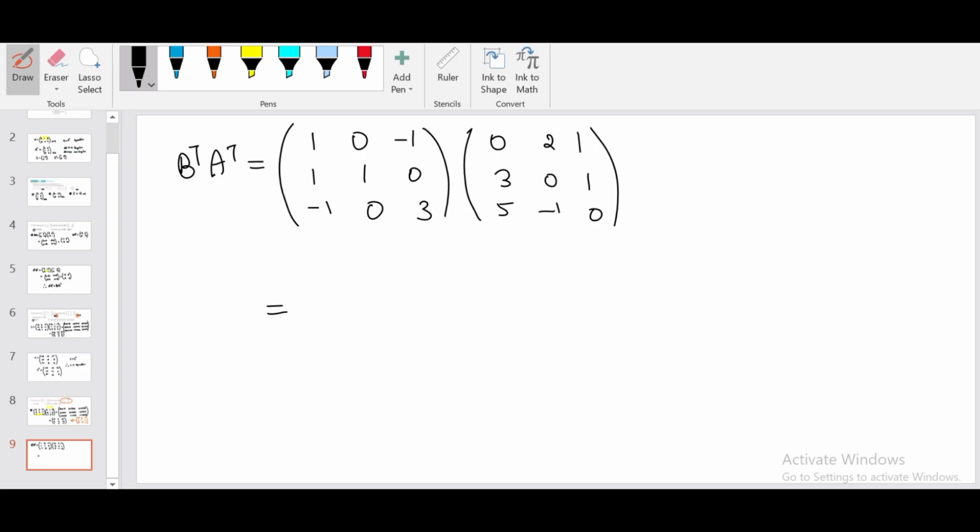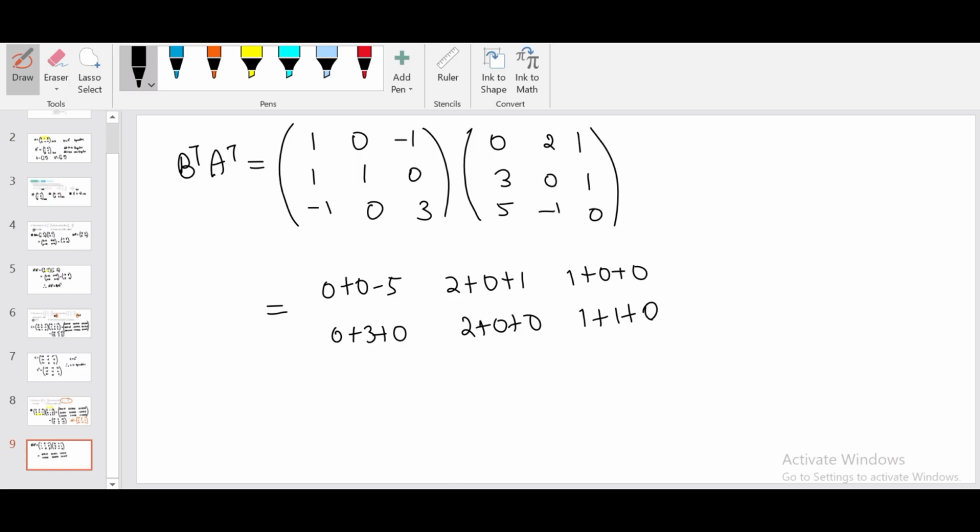So you need to take the first row and multiply. You will get 0, 0, minus 5, 2, 0, 1, 1, 0, 0. Then 0, 3, 0, 2, 0, 0, 1, 1, 0.